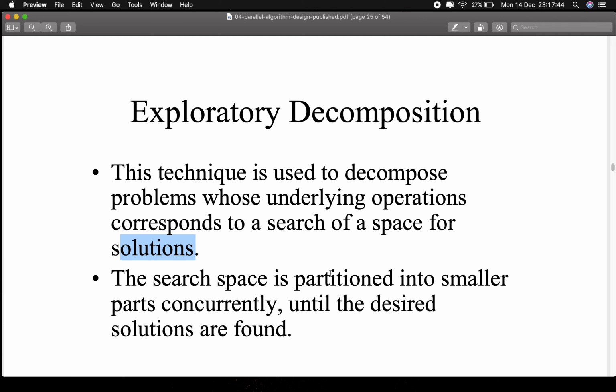The search space is partitioned into smaller parts concurrently until the desired solution is found. So let's say you have a problem where you cannot boot your Ubuntu or your Linux. You try to find what the problem is, and then you keep looking for the solution until you find the exact solution, a cure.